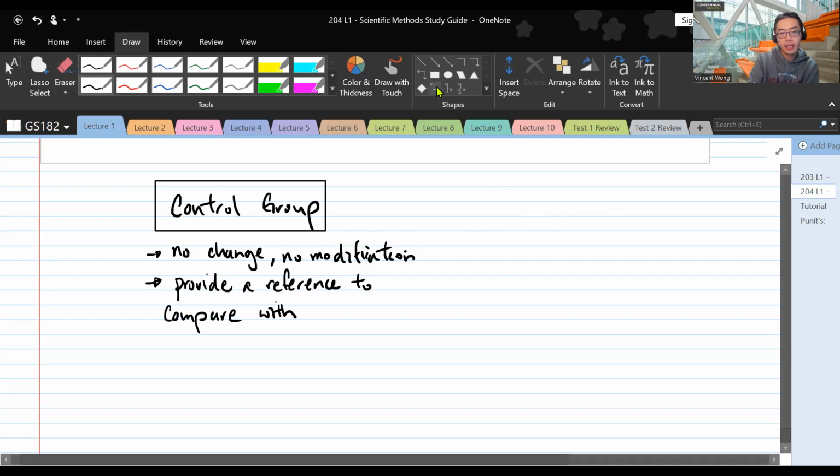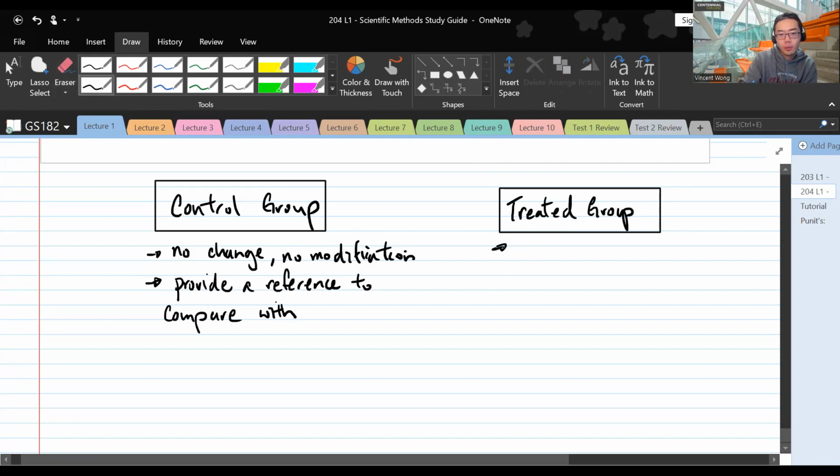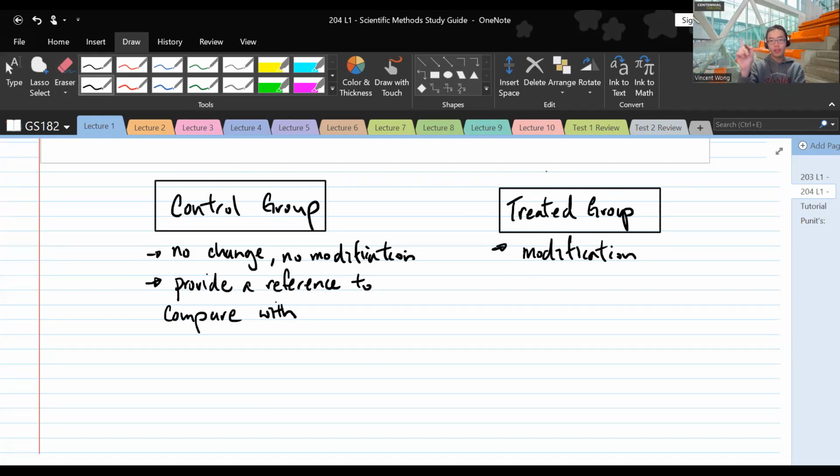So the second group in an experiment would be an experimental group, or we can also call it the treated group. This one would have some modification. Everything between the control group and the treated group should be identical, except for one thing.